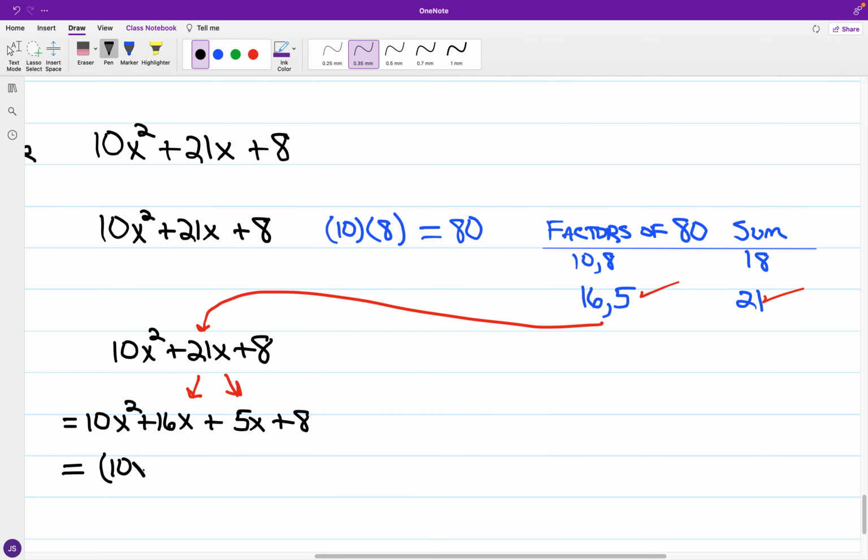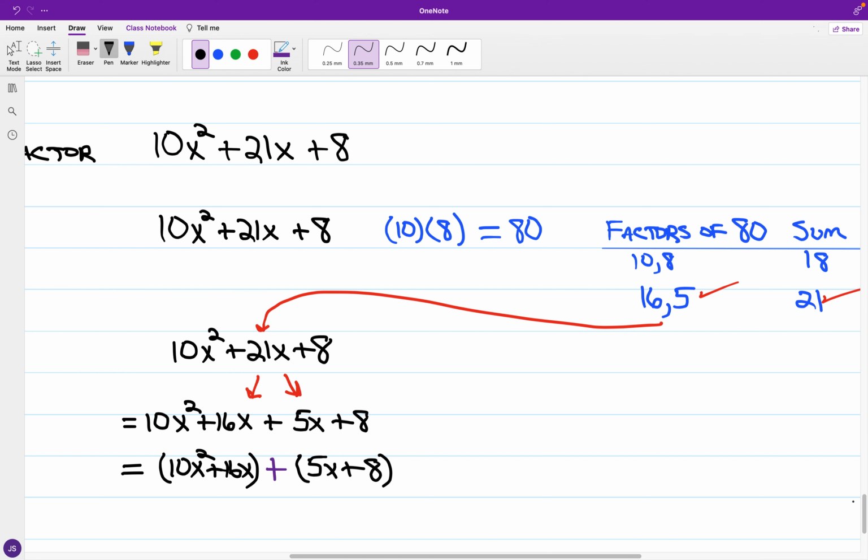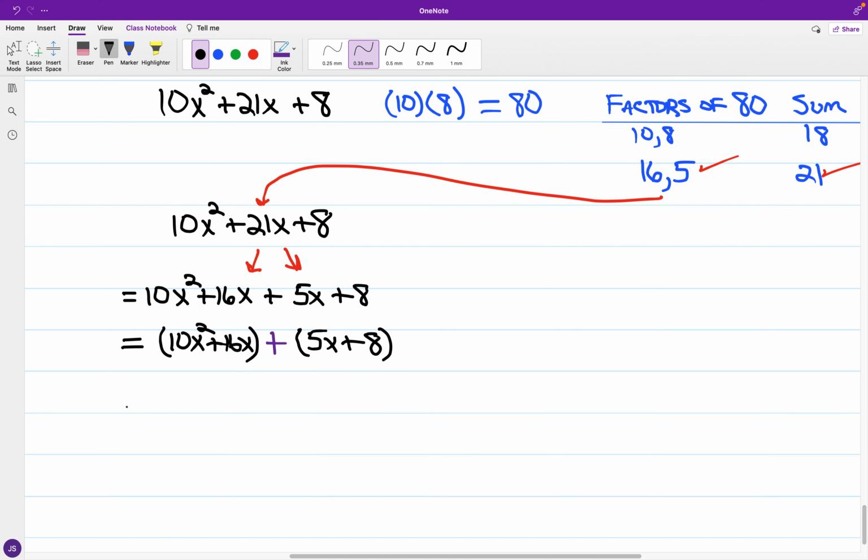And looking at grouping, you have 10x squared plus 16x as the first pair. The middle operation is again addition. And go ahead and put in parentheses 5x plus 8. So this is what we have in the pairing.